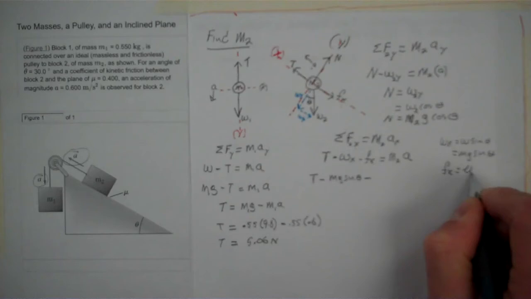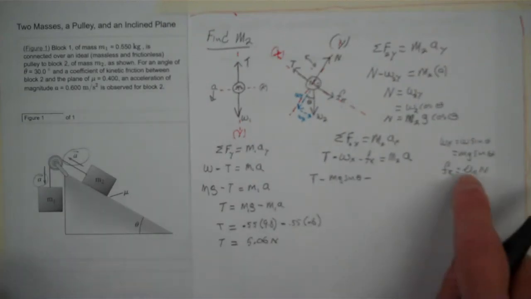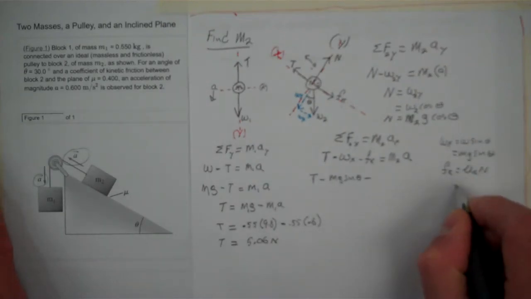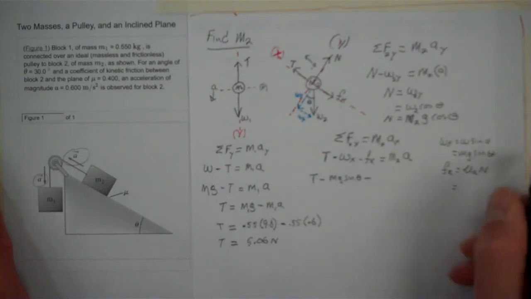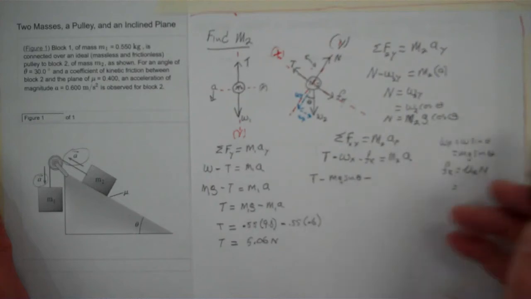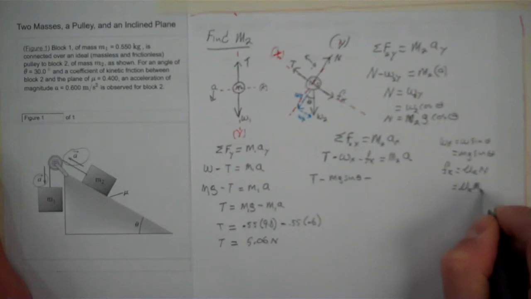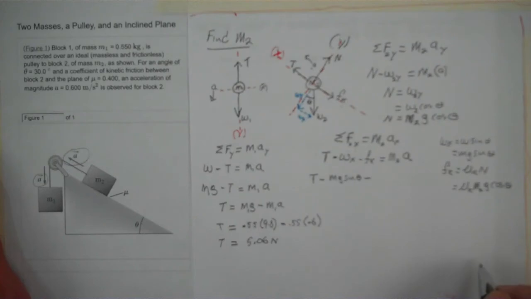Fk is mu k N, always. It's the static friction that's a range. This is kinetic, so it's definitely that value. So that's going to be mu times N, and I calculated N up here. It's m2g cosine theta. So this is mu sub k, m2g cosine theta.